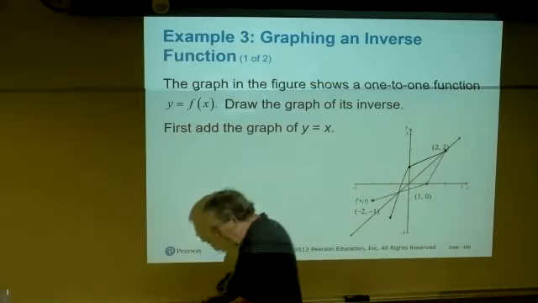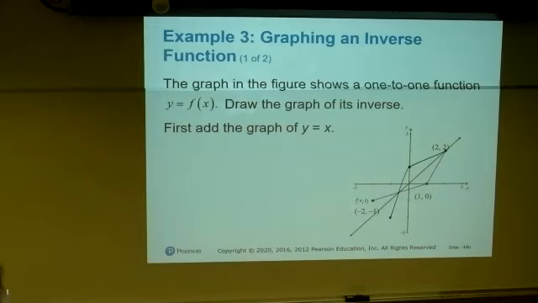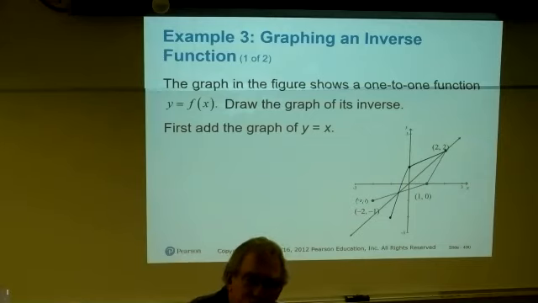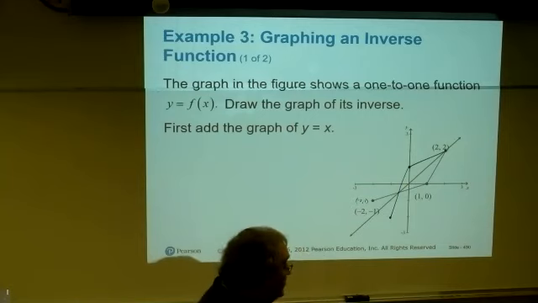So not only are they going to be symmetric with respect to y equals x, if they intersect, they're going to intersect on y equals x. Inverse functions do not always intersect, but when they do, it's on y equals x.